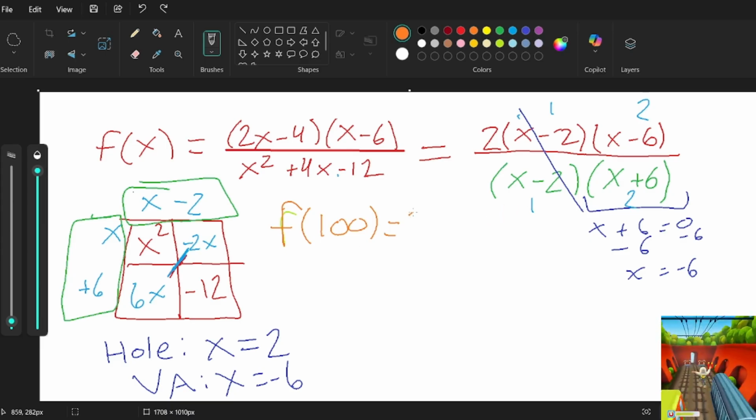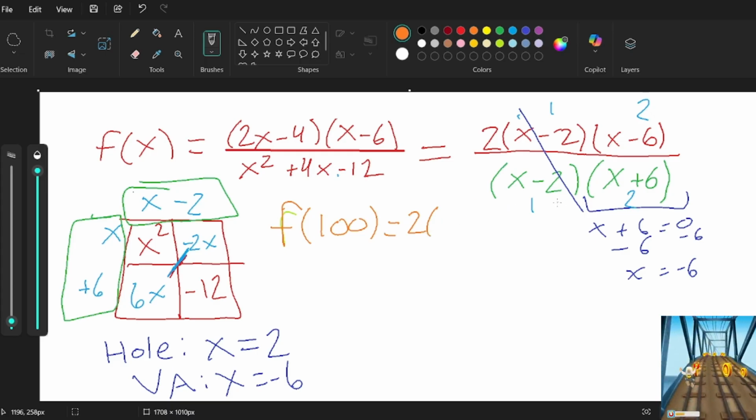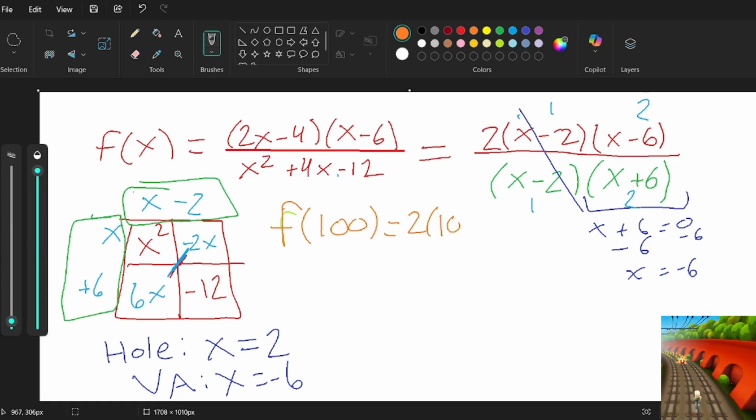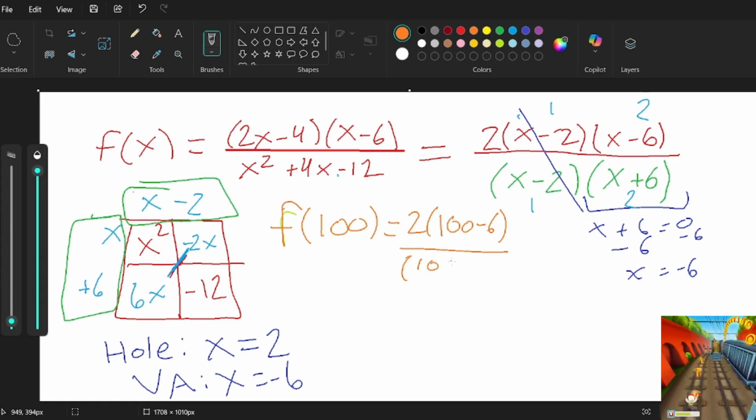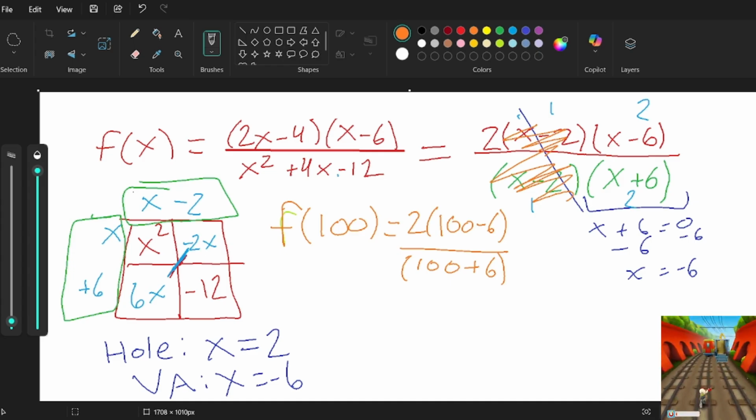So instead of doing (2 times 100 minus 2)(100 minus 6), all divided by (100 minus 2)(100 plus 6), I will get the same value if I just do 2 times 100 minus 6 over 100 plus 6. Because these two factors cancel out, I don't have to worry about them in my final function.